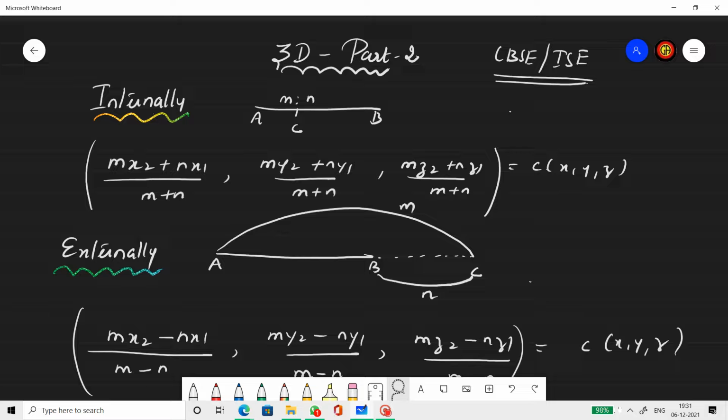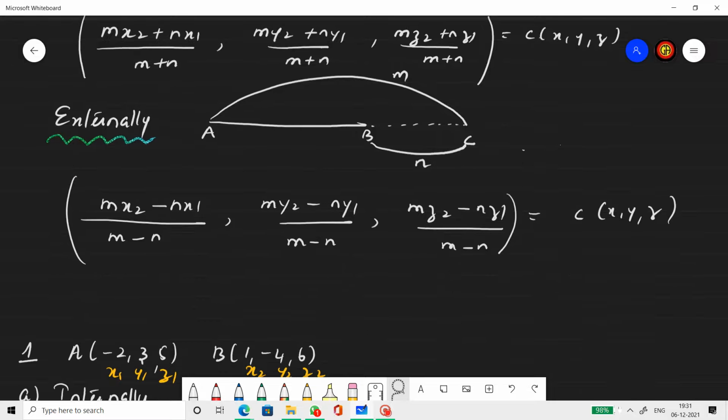Now, apart from internal division, there can be external divisions also. So, if a line segment AB is extended outside in such a way that C divides AB in the ratio of m is to n, then the AC distance is m, the BC distance is n, and the ratio is m by n.